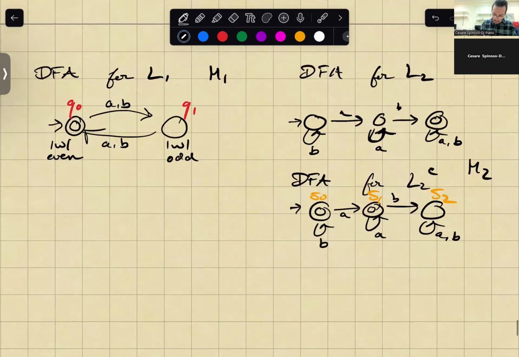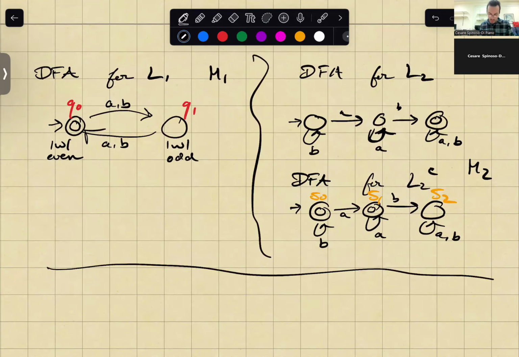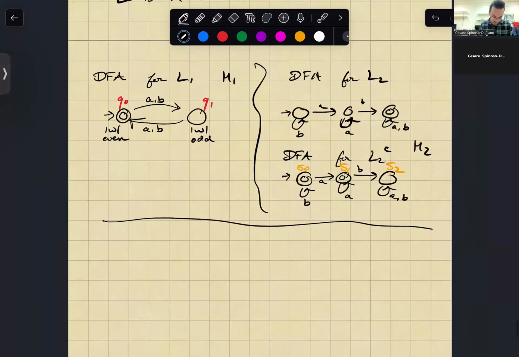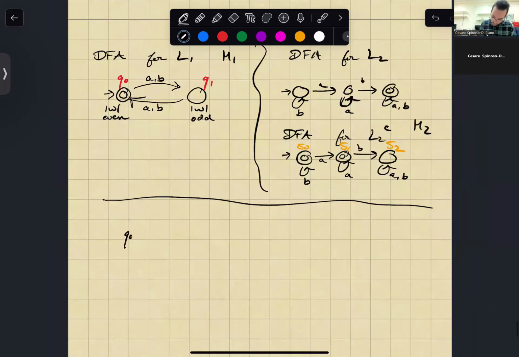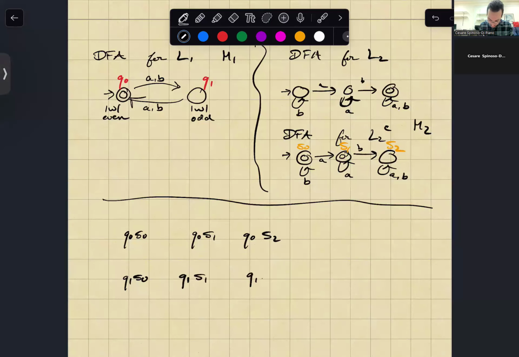So I'm going to have Q0, S0, Q0, S1, Q0, S2, Q1, S0, Q1, S1, and Q1, S2. Okay, so now these are my states.